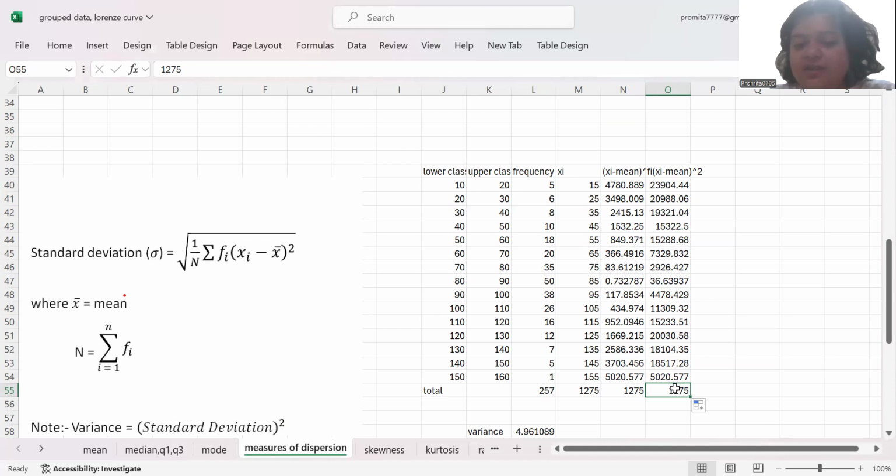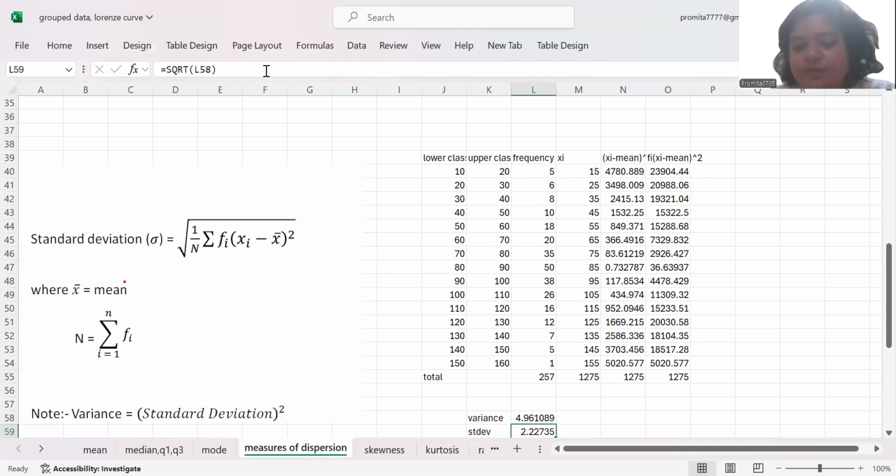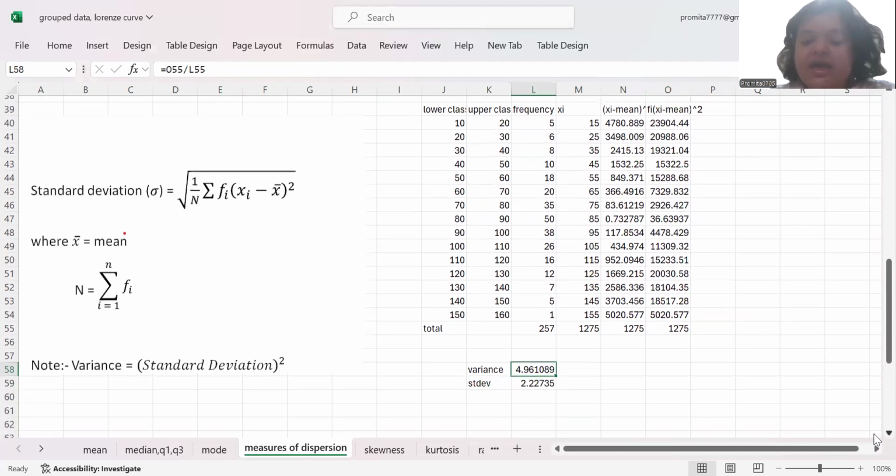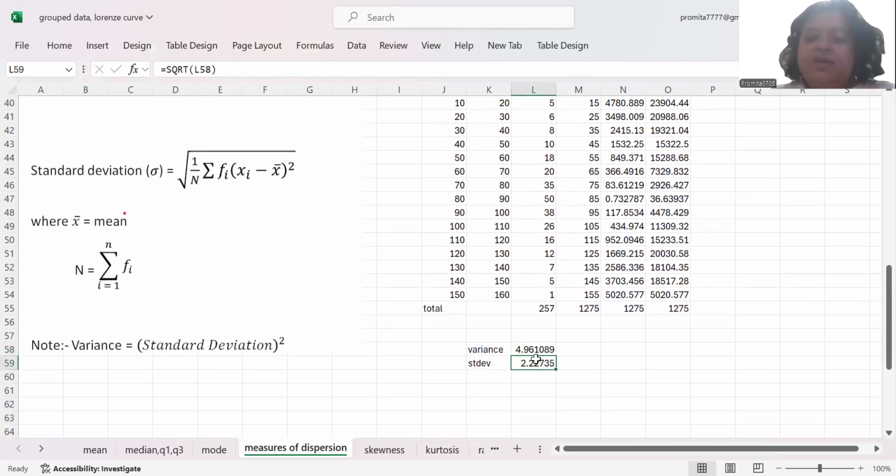So my variance is this divided by 257. So it is basically 1245 by 257. So this is 4.96, my variance, and standard deviation is the square root of variance. So we write equal to SQRT. So this is my standard deviation.